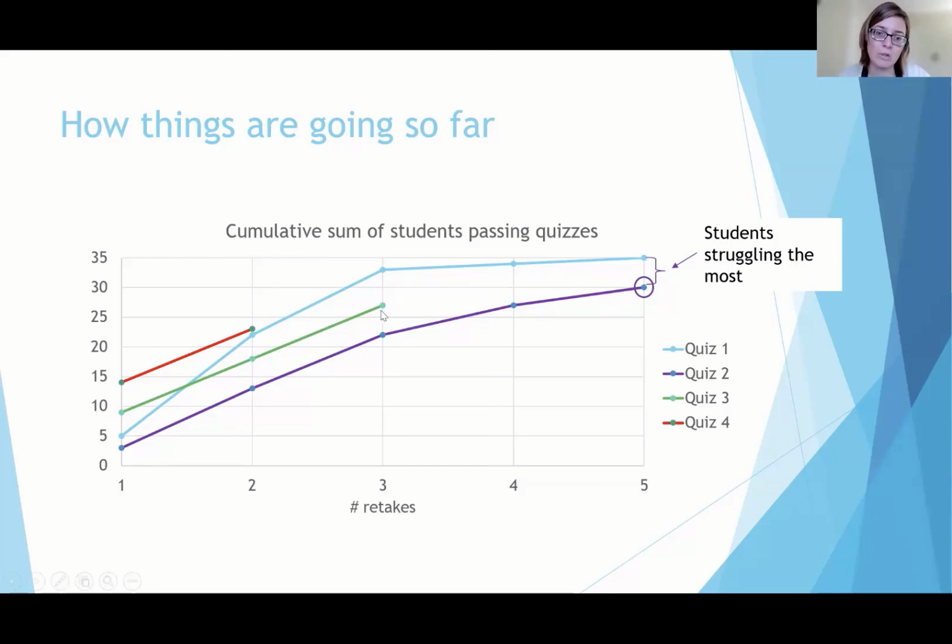What I've noticed is that once students pass quiz 2, they very quickly pass quiz 3 and quiz 4 because they have mastered the main concepts they needed. The additional aspects they were adding were not the most challenging aspects of the quizzes, so they were very comfortable with that.